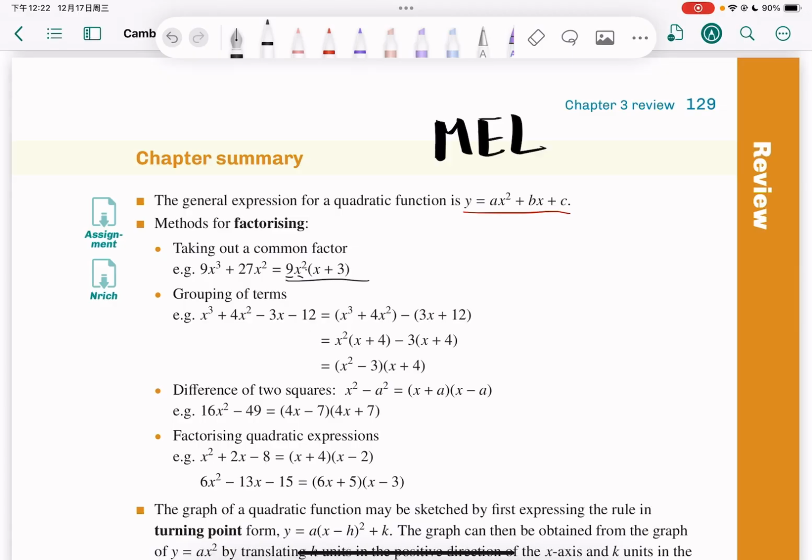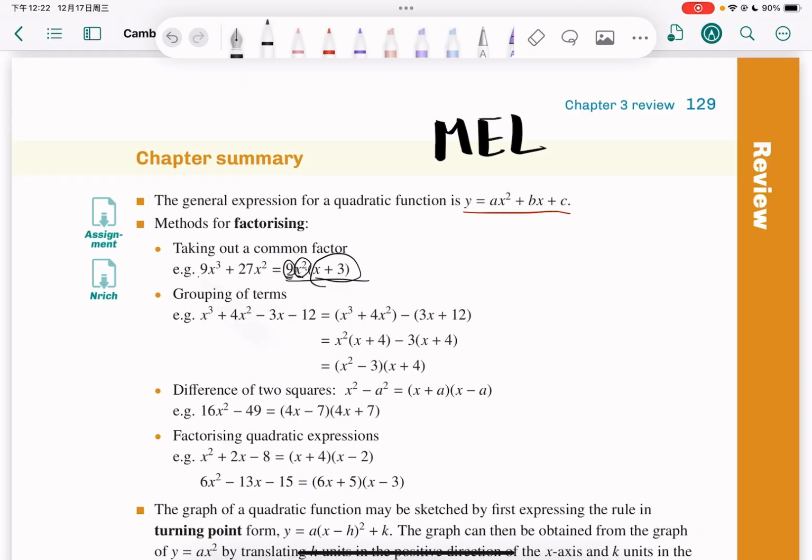So there's no plus between each term, and the plus or minus can only be inside a single term. Okay, so 9x cubed plus 27x squared.